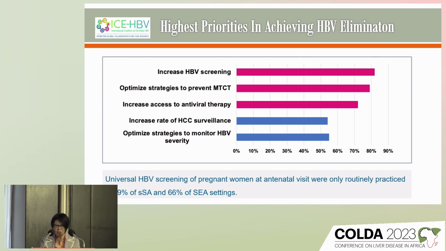Increased hepatitis B screening and optimized strategies to prevent mother-to-child transmission were perceived as the highest priorities in achieving HBV elimination.